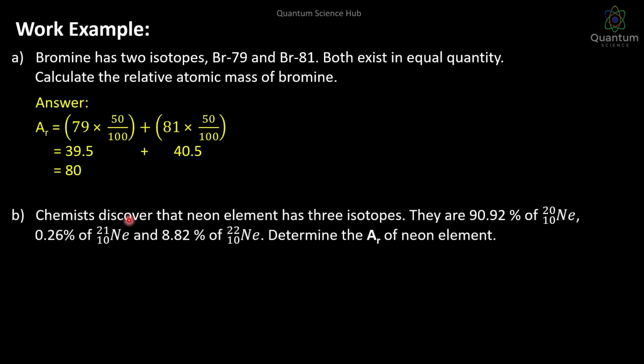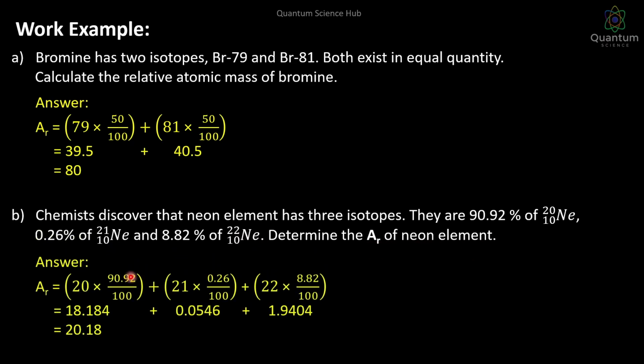Next, chemists discovered that neon element has 3 isotopes. There are 90.92% of neon-20, 0.26% of neon-21 and 8.82% of neon-22. Now determine the relative atomic mass of neon element. Okay, so again, neon-20, right?